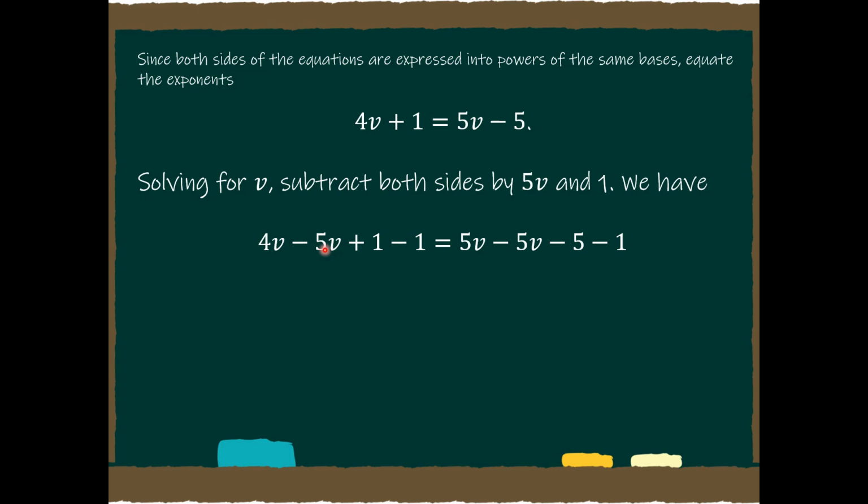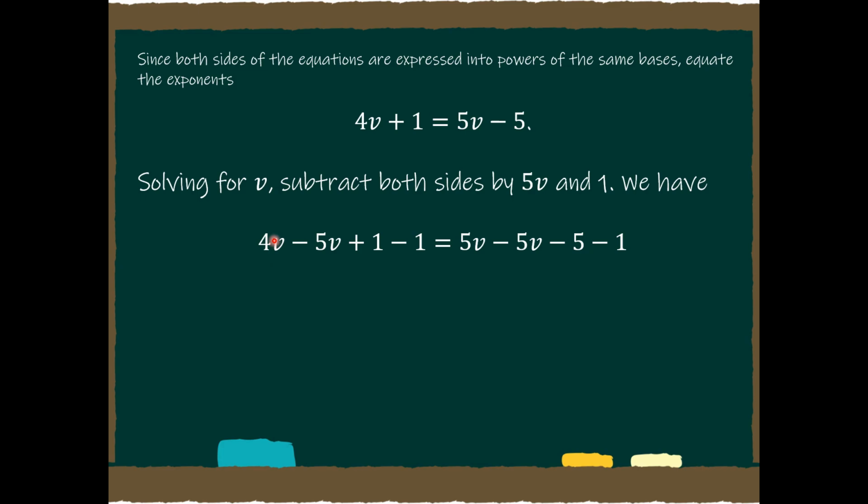So we have 4v minus 5v plus 1 minus 1. We simply apply the subtraction property of equality. It says that whatever is subtracted from the left is also subtracted from the right, and the equation still holds.